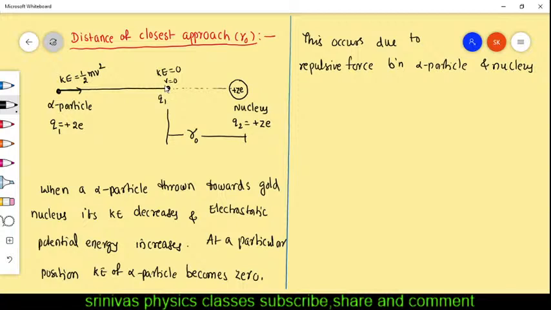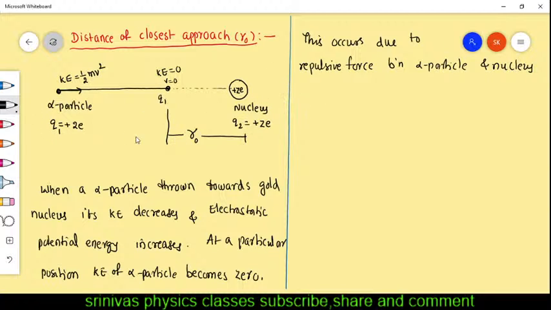At a particular position, the kinetic energy becomes zero, and at that position the total kinetic energy is converted into potential energy, because as the alpha particle comes close to the nucleus, the distance decreases. When distance decreases, potential energy automatically increases.